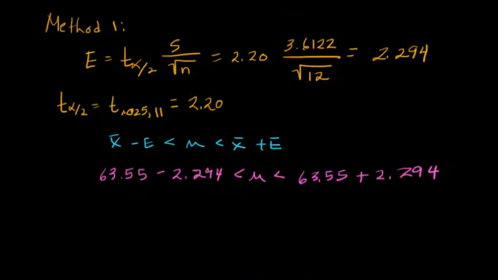Okay, so 63.55 minus 2.294, we get 61.256. 63.55 plus 2.294, and that's 65.844.